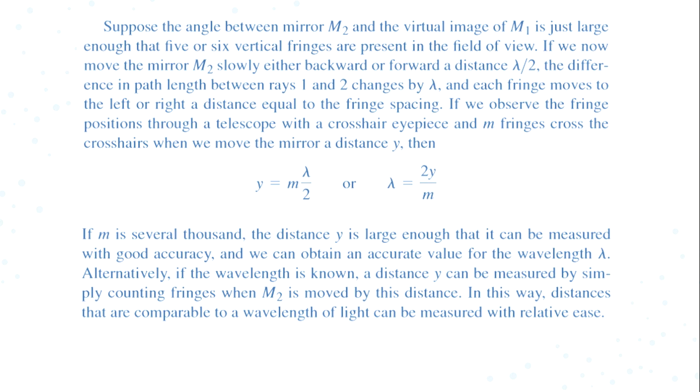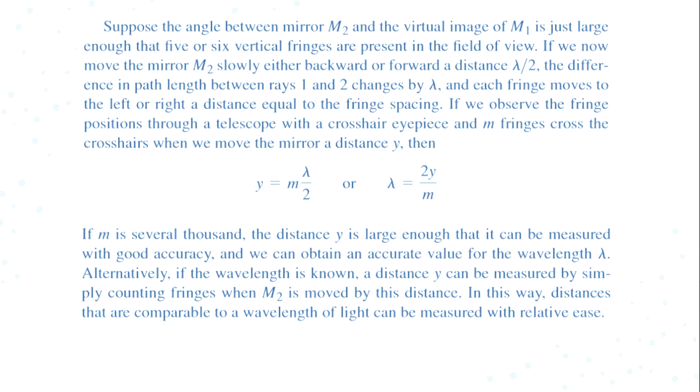If we now move the mirror M2 slowly, either backward or forward, a distance λ/2, so the path length between rays 1 and 2 changes by λ, each fringe moves to the left or right a distance equal to the fringe spacing.